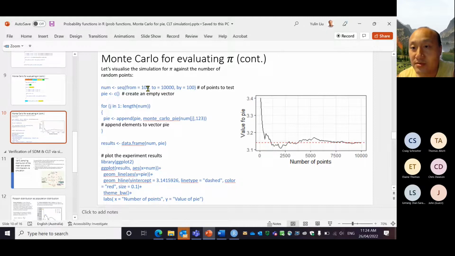In the last experiment, we randomly generated 10,000 points. In each experiment, we use random points to evaluate the pi value, so we have 100 pi evaluations. You can see initially it's very inaccurate, but as we increase the points in the experiment, the evaluation of pi gets closer and closer to the true value, 3.1415926.